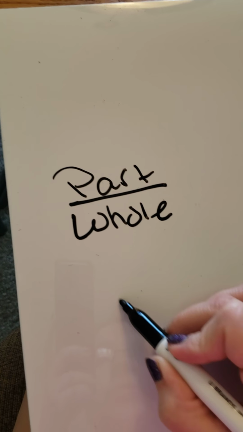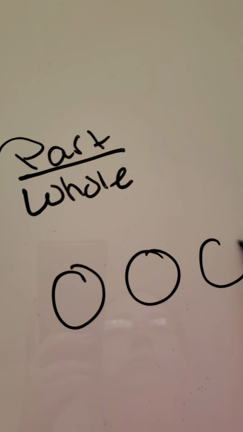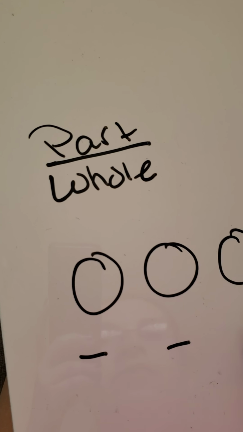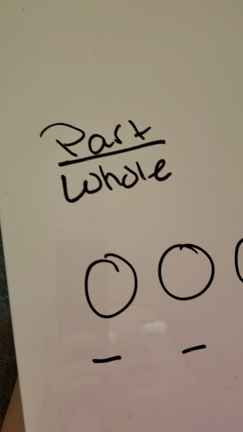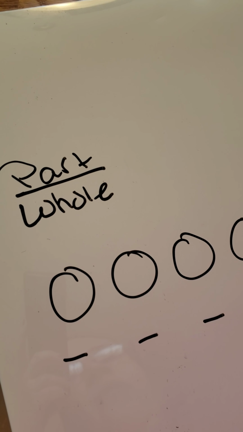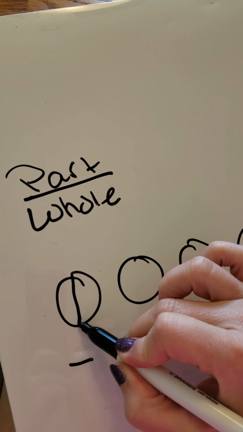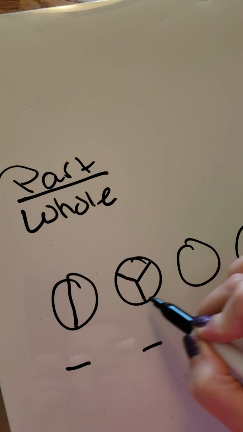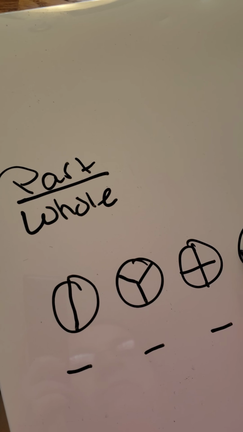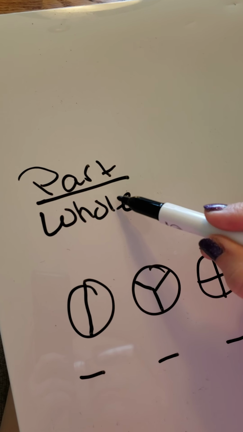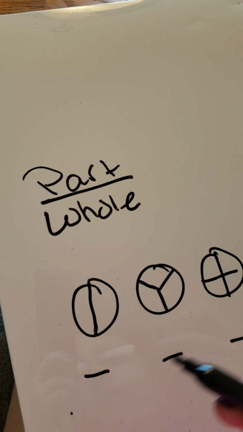Okay, and so I have all these little circles here, and they're all going to make fractions. We like to use circles when we're referencing fractions because we can equally divide them into parts. This whole pie has 2 pieces in it.